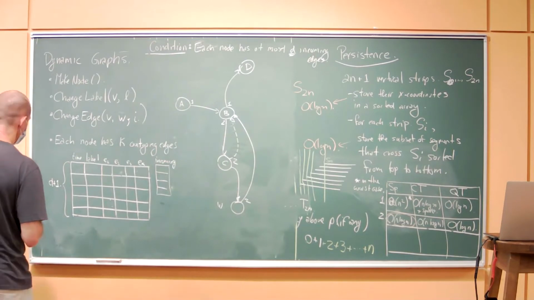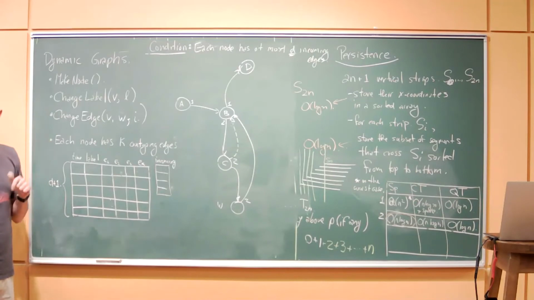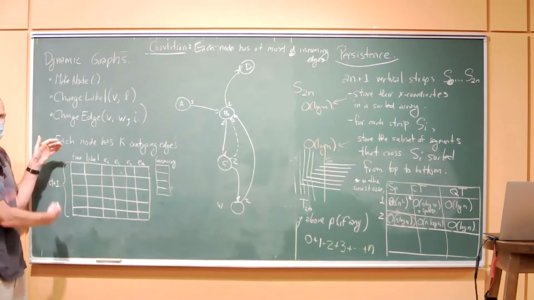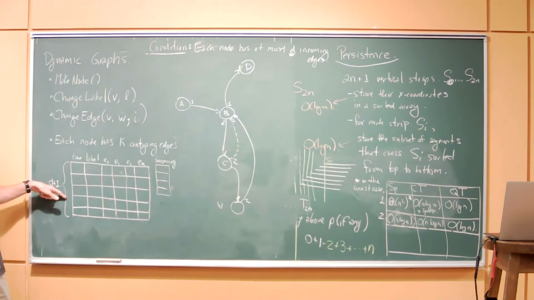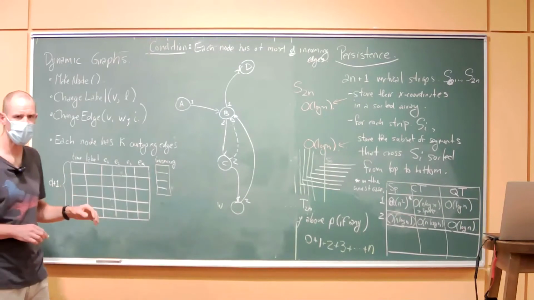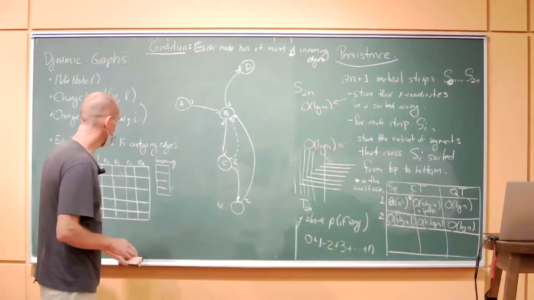Well, the problem is anybody can come along and change a label or change an edge on a vertex as often as they want. And if they do that, then the number of rows will get really, really big. And then finding the row that I want will take too long. So we'll fix it so that that doesn't happen.